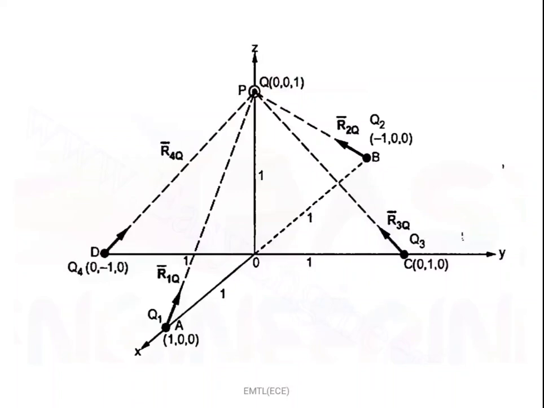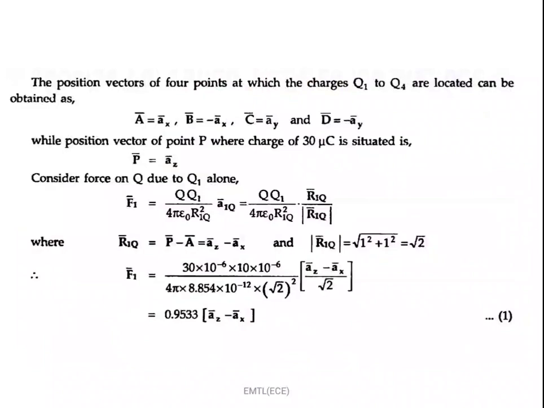Here R1Q is the distance between point P and Q1, and R2Q is the distance between point B and point P. R3Q is the distance between point Q3 and point P. R4Q is the distance between point D and point P. So here we have to find the forces F1, F2, F3.